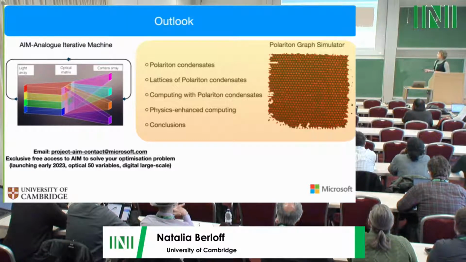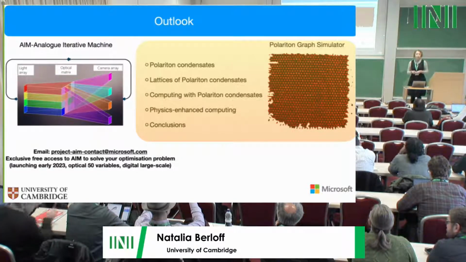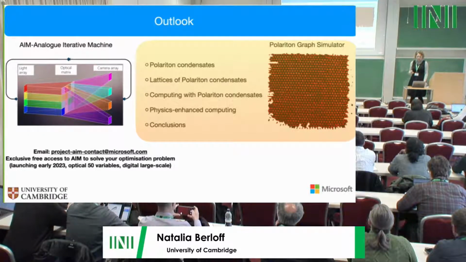Please email us to get free educational access to solve optimization problems. It will be launched early next year. The all-optical machine will operate with 50 variables, and we also have a state-of-the-art package for solving optimization problems on a large scale, thousands of elements.